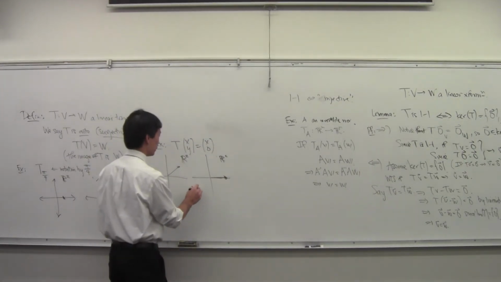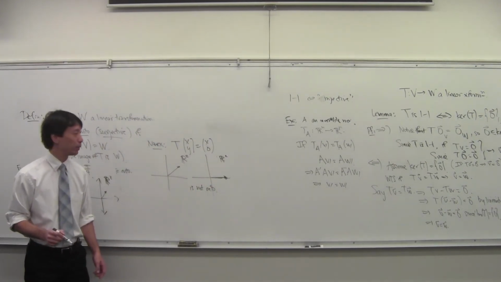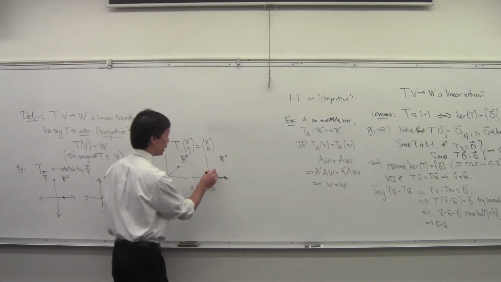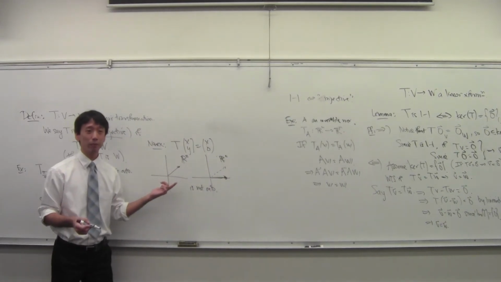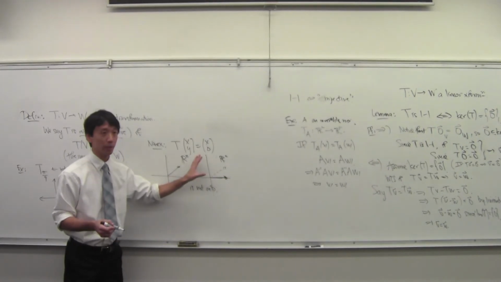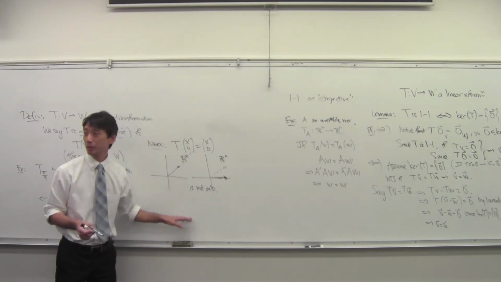Because if I want to get this vector, I can't get this vector as an output. So I don't get the entire vector space. Is that clear? Everybody getting that?